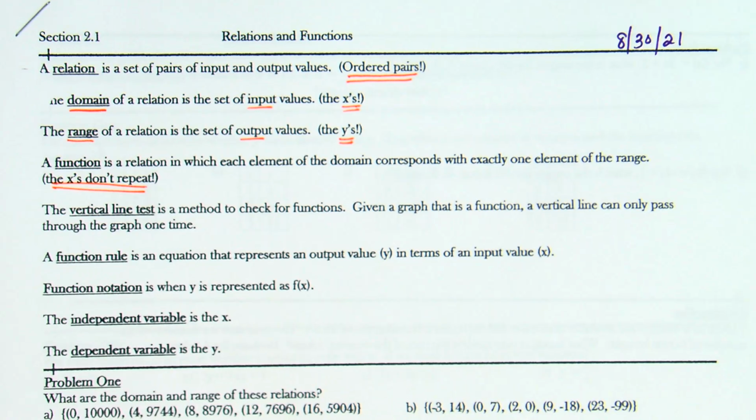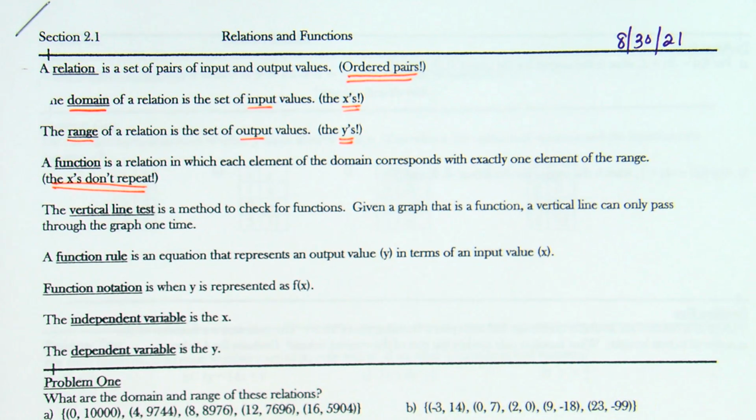We're going to talk about some examples down here and how to know if they're functions or not. Do you remember the vertical line test at least? I'd like to think that's one you might remember. First of all, vertical. Which way is vertical? Okay, good. Up and down, right? Up and down is vertical. Vertical line test is a method to check and see if a graph is a function.